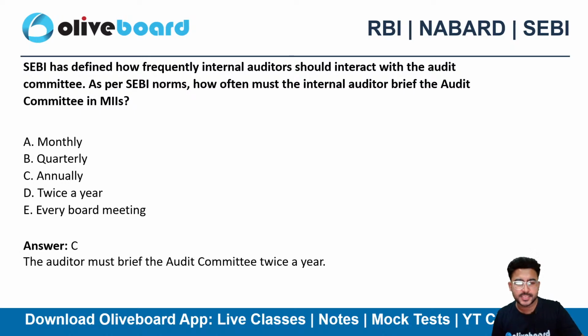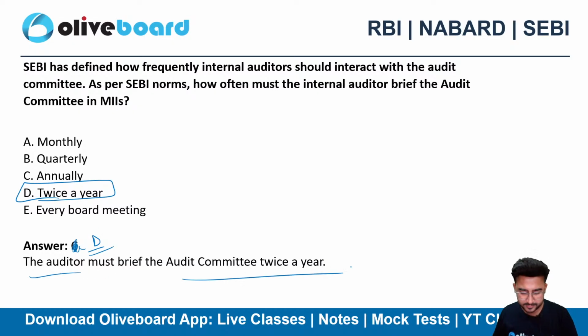Here the correct choice is option C, annually. Okay. Oh, sorry. Option C is not correct here. It's option D, twice a year. Okay. The auditor will be reporting twice a year. Option D is correct. It's a typing error. C is not correct. D is the correct choice here. Okay.